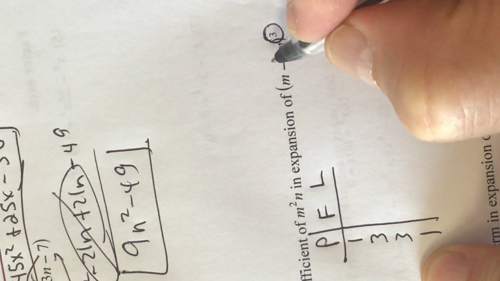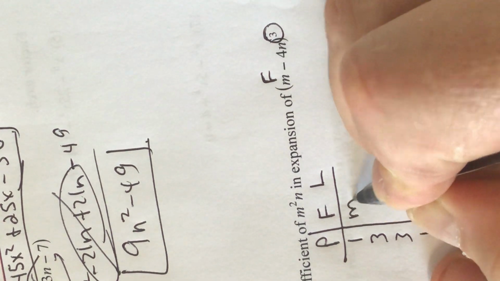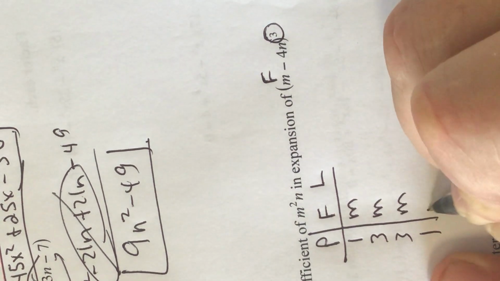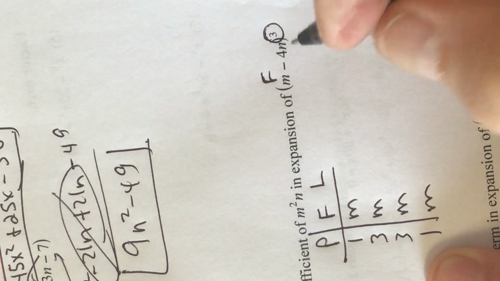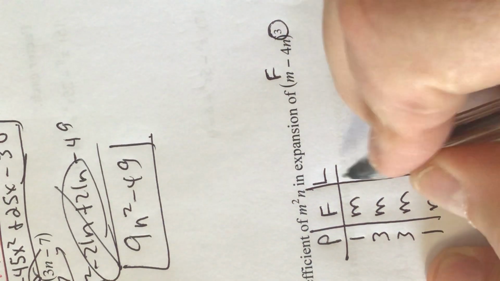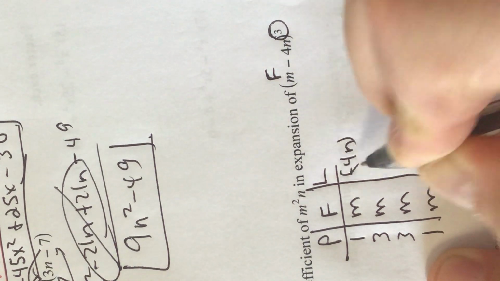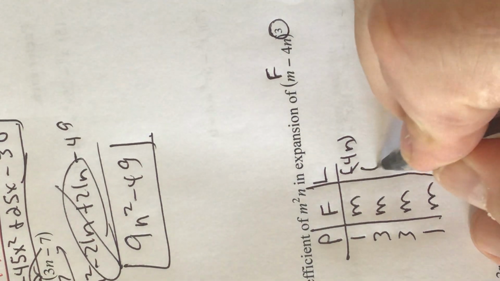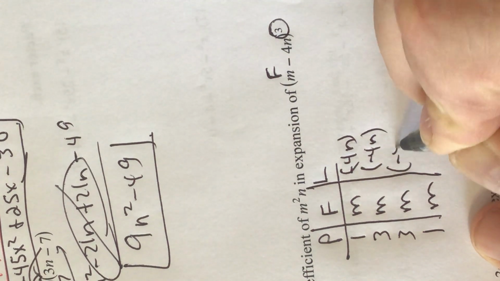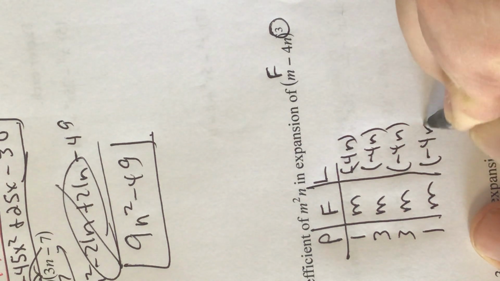Okay, here's the first right here. So m, m, m, m. The last is negative 4n. Package it so the power gets to it. Negative 4n, negative 4n, and negative 4n.